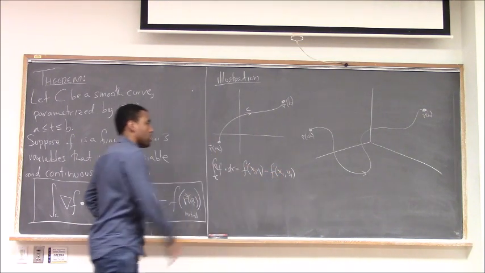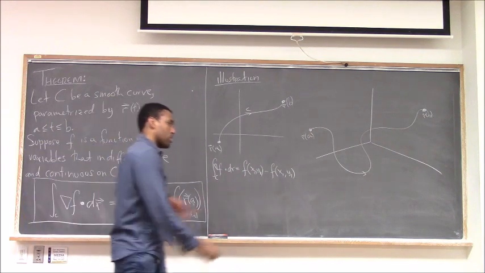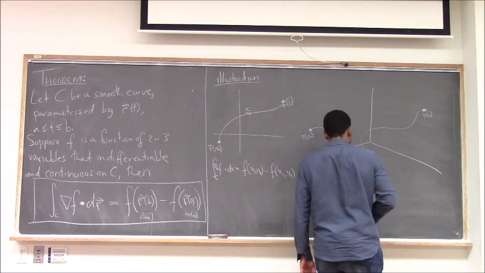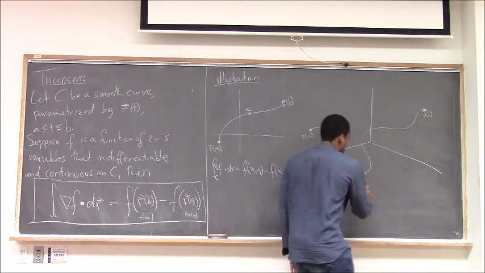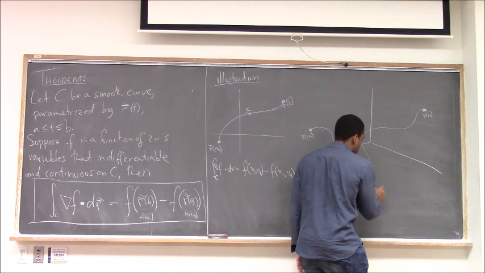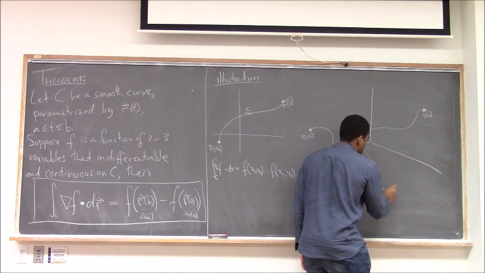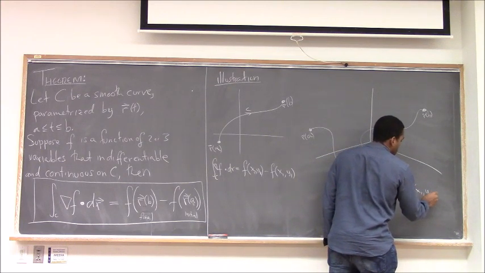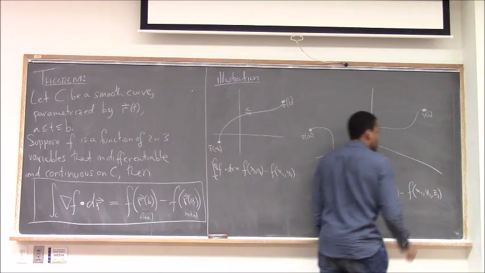Plug in the initial point to that function, plug in the final point, and subtract them. Similar thing here: the gradient f dot dr of that is going to be our function at x2, y2, z2 minus the function at x1, y1, z1.